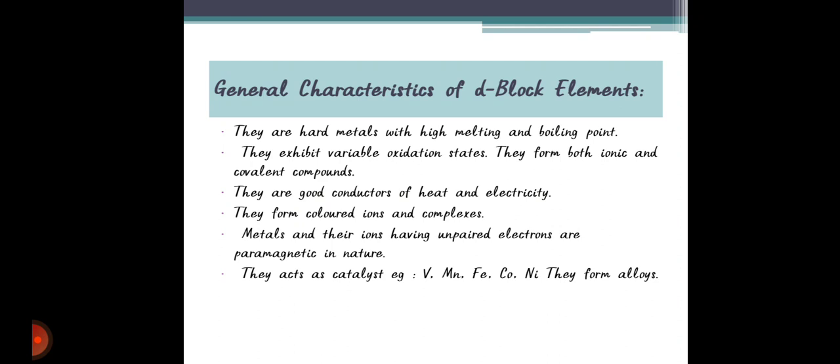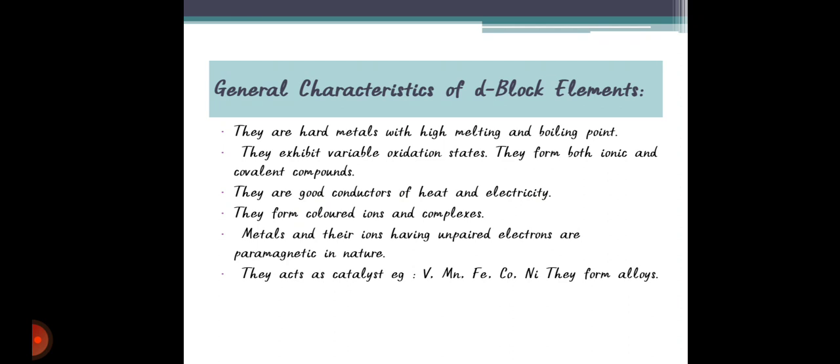General characters of d block elements: elements of group 3 to 12 constitute the d block. In these elements, the differentiating electrons enter the d orbital of the n-1 shell. The elements with atomic number 104 and 105, earlier known as Kurchatovium and Hahnium, are now accepted by IUPAC as Rutherfordium and Dubnium.